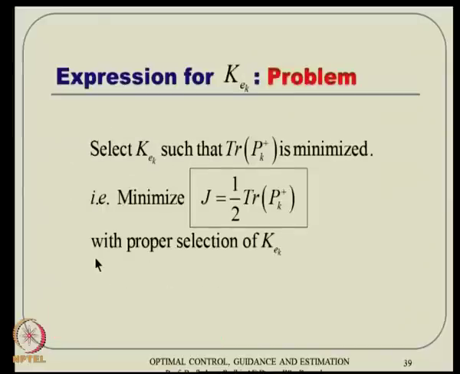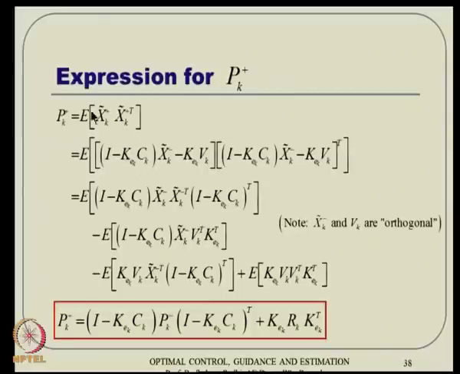So, now what is our aim? The aim is to have this quantity as small as possible. After the update at a particular time instant, I want the estimation to be good. That means the error between the estimated value and the true value should be as small as possible, and this is an indicator of that. So, whatever Pk plus expression is there, I want to minimize that.